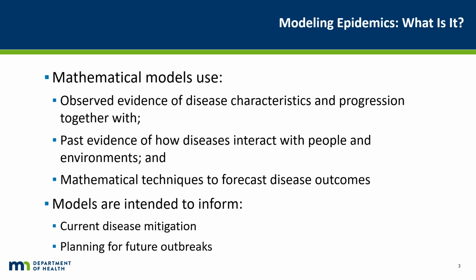In its most basic form, mathematical models used for disease forecasting are built on observed evidence of disease characteristics and progressions of diseases, together with past evidence of how diseases interact with people and environments, and layer on top of it mathematical techniques to forecast disease outcomes.